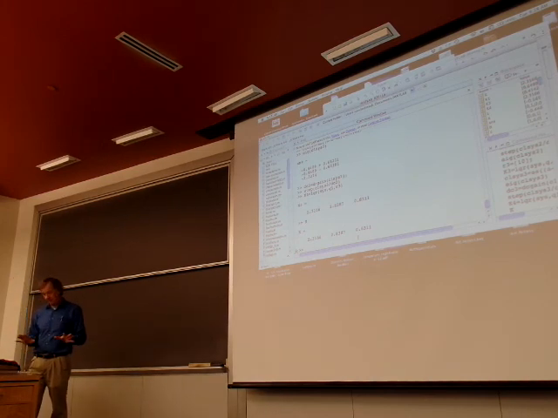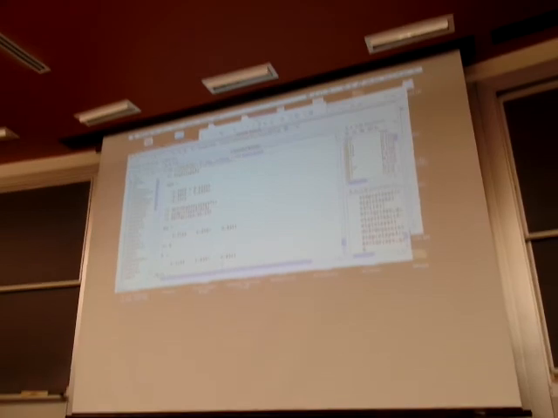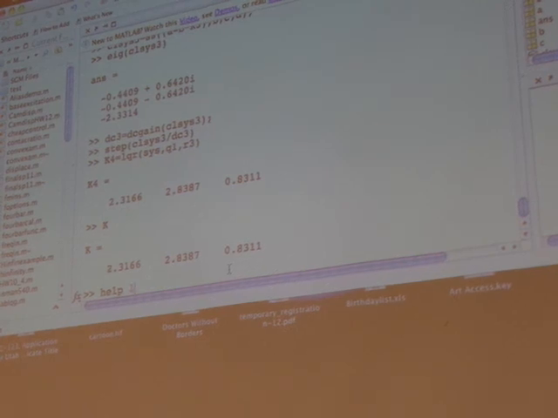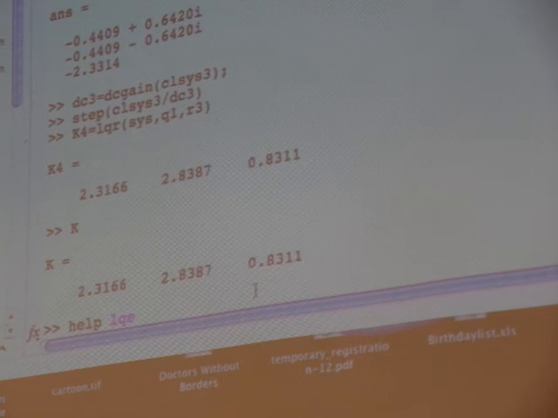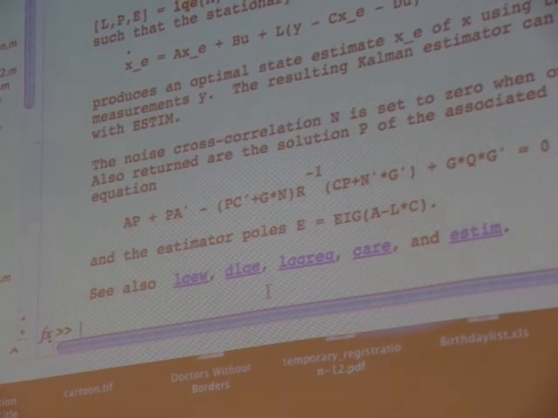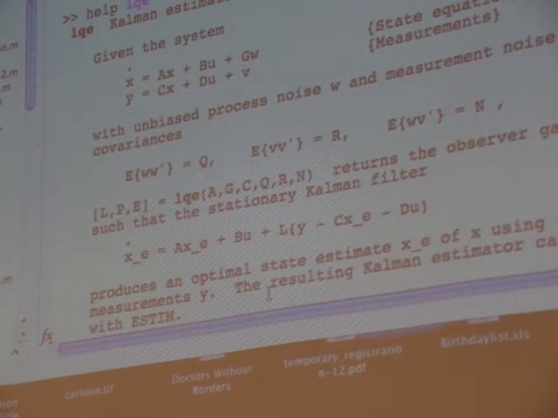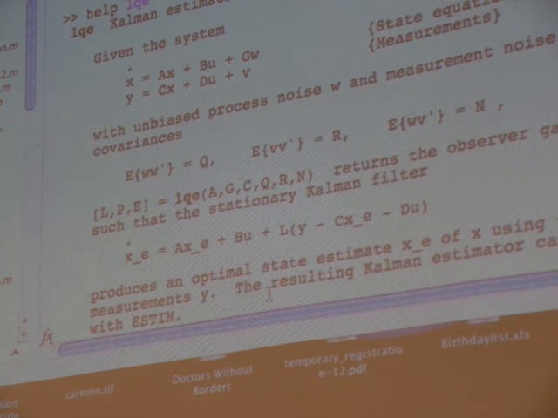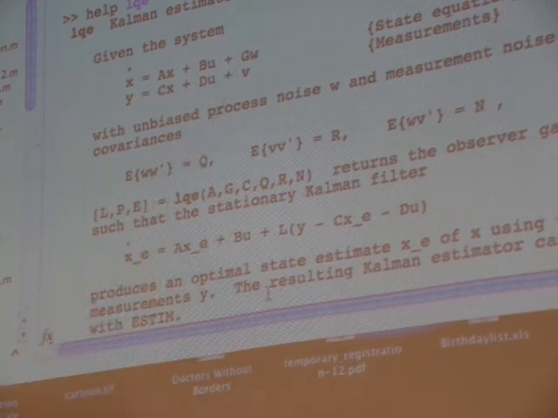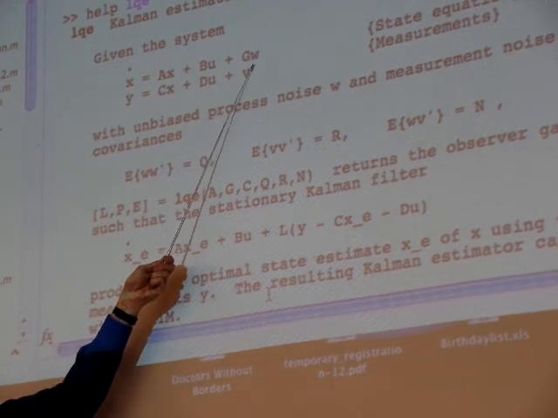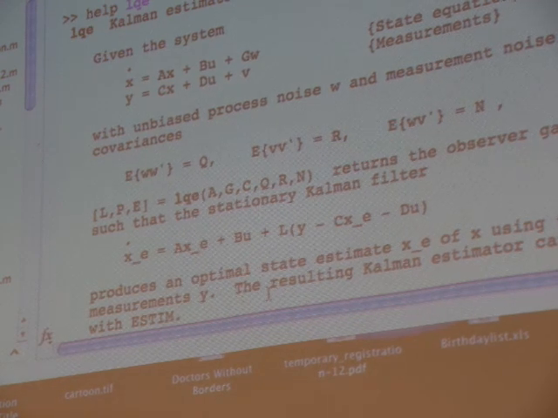Okay, that's the regulator. How about the estimator? Well, to do that, there's a nice determinant result: LQE, the linear quadratic estimator. It shows the structure of our main state equation, but with this extra input, W, which is disturbance.